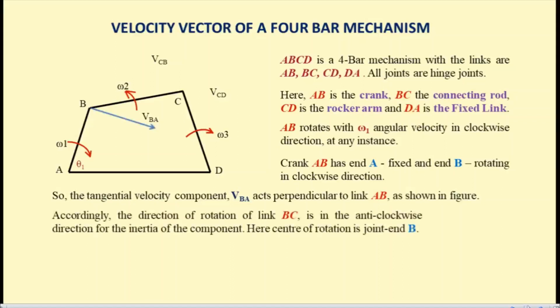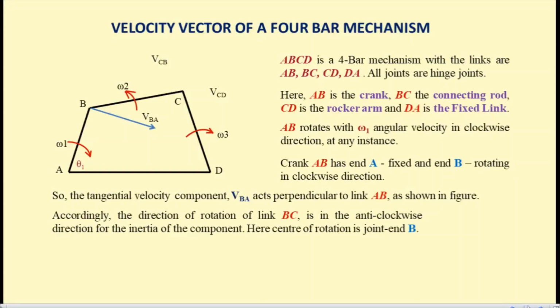Just note, as shown in the figure, which I have already shown in blue arrow, the velocity vector component VBA is acting perpendicular in the right hand direction, which is analogous to the clockwise rotation of AB. So it is shown as VBA.